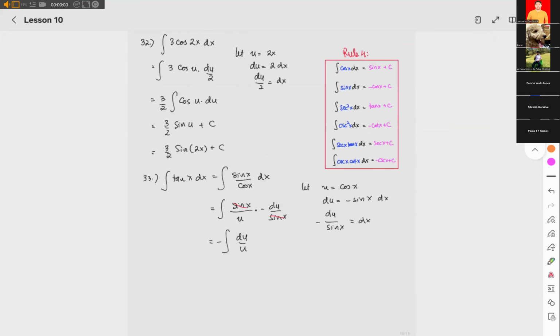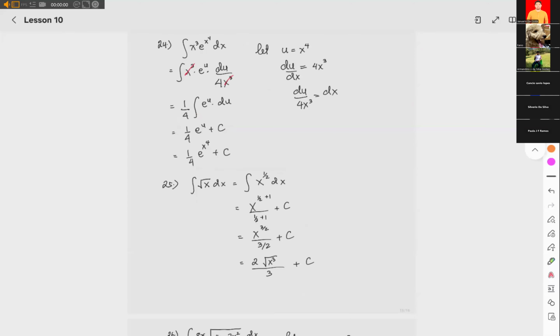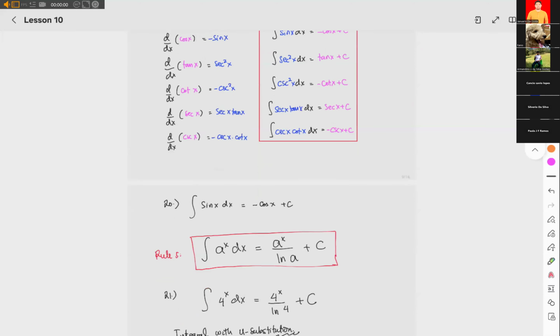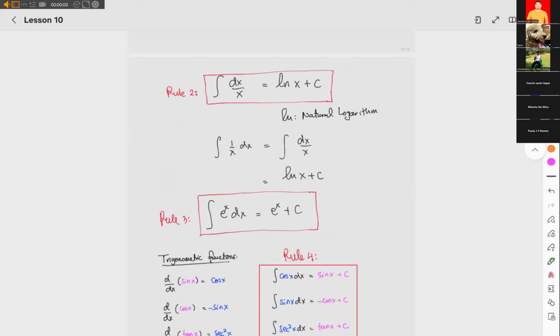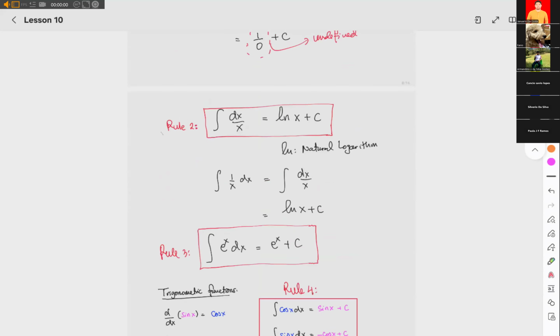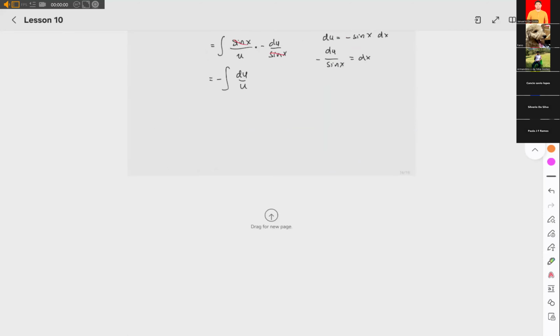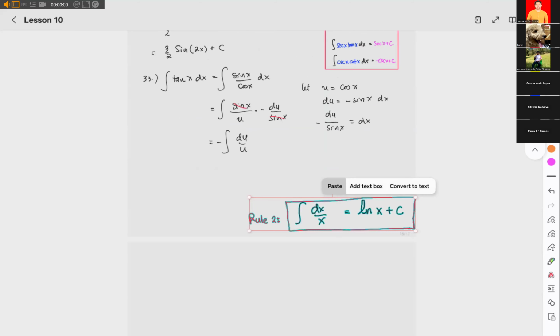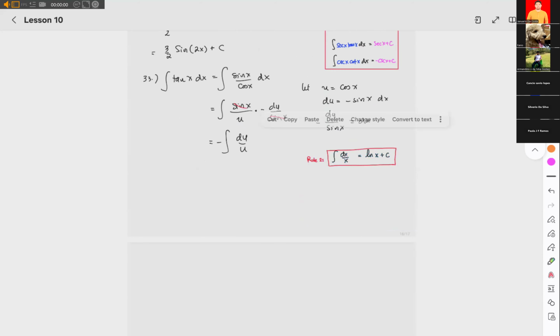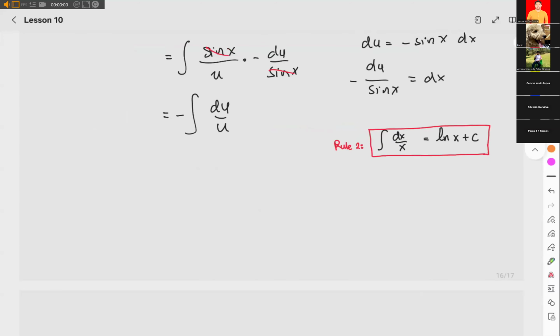Now you apply rule number 2. If you notice, rule number 2 is: the integral of dx over x is simply ln of x plus c.